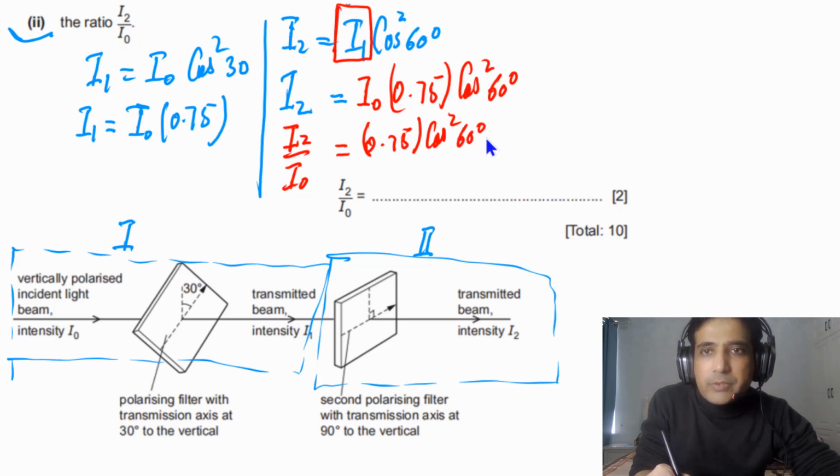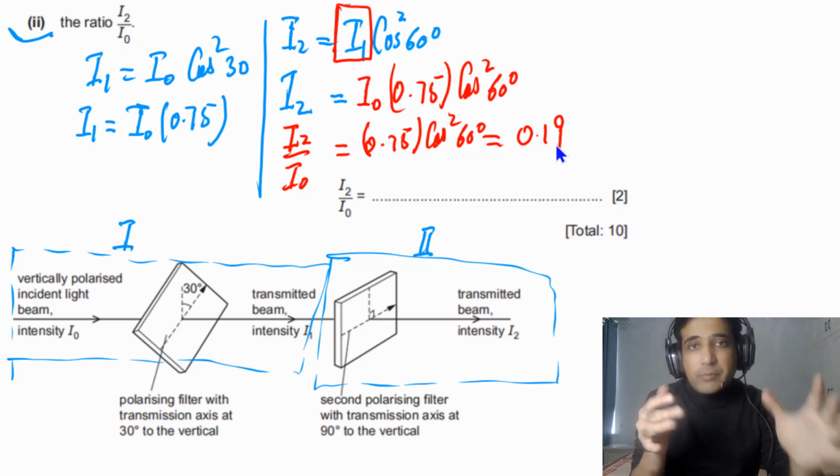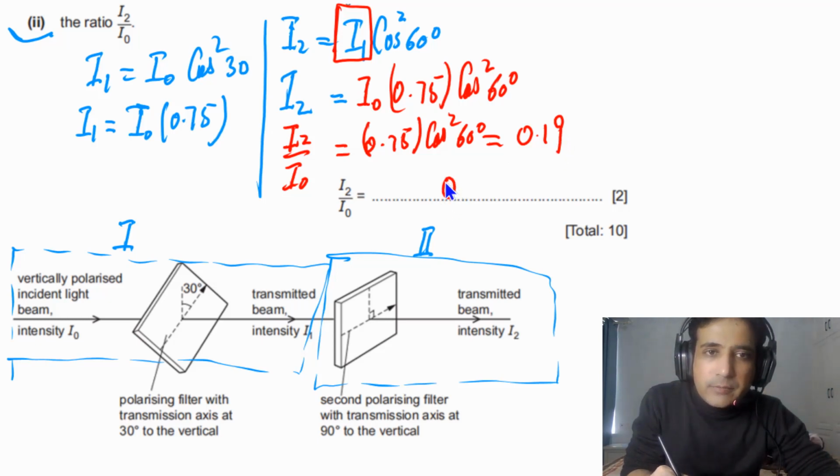If we solve this, our final answer will be 0.19, and this is how you can approach this type of problem. So the final answer for this one is 0.19.